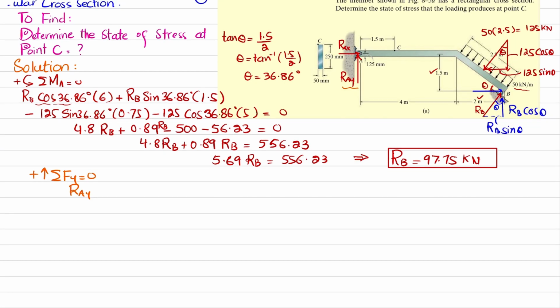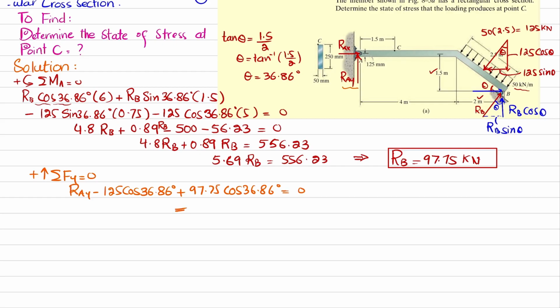So I can write RAY minus 125 into cos of theta, where theta is 36.86 degree, plus RB, which is 97.75, into cos of 36.86 degree is equal to 0.